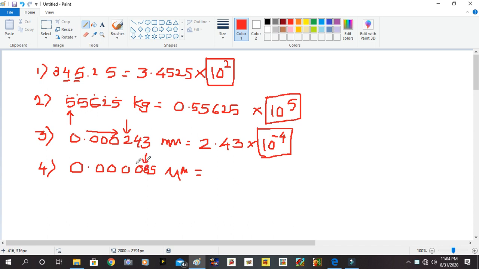So, you have to shift the decimal point before 8. So, I have to write 0.85. Okay, now how many places have you shifted to reach 8? 1, 2, 3 and 4 places you have shifted. So, its order of magnitude will be 0.85 into 10 raised to minus 4.